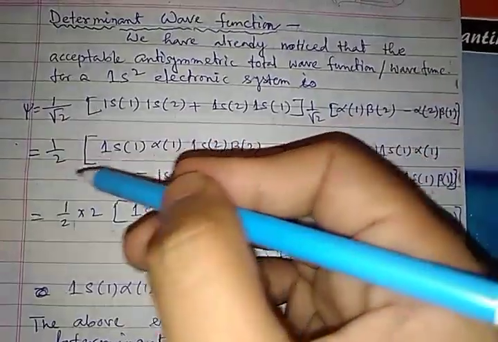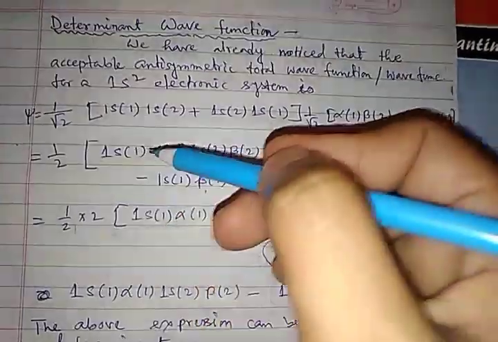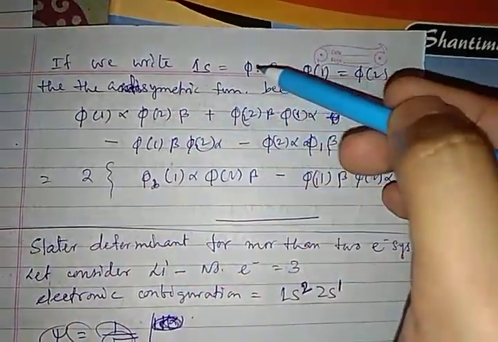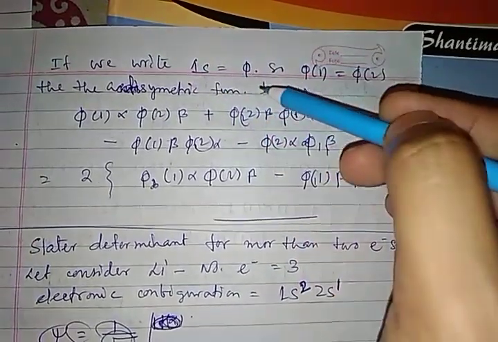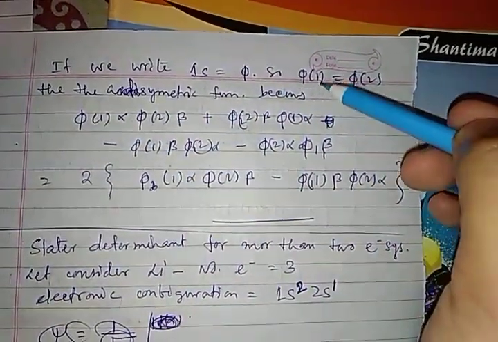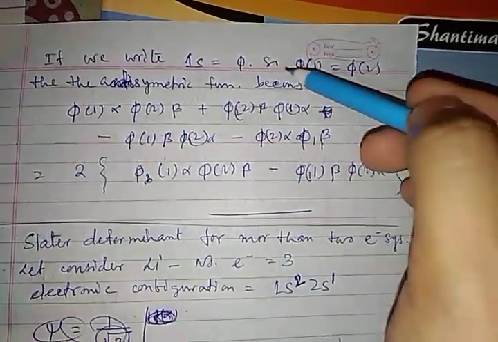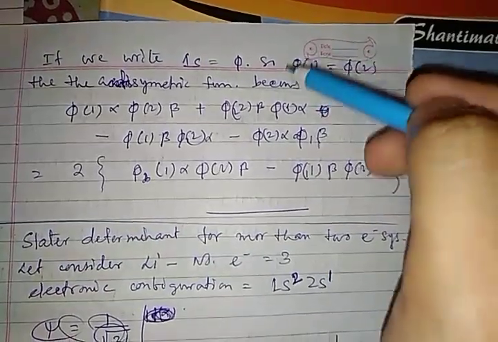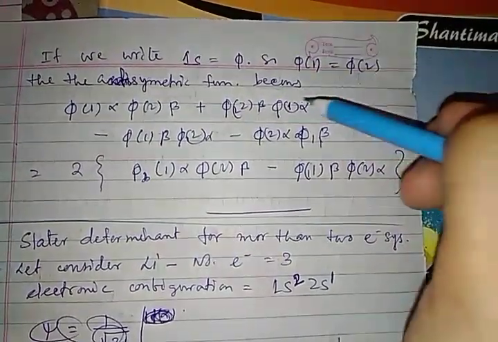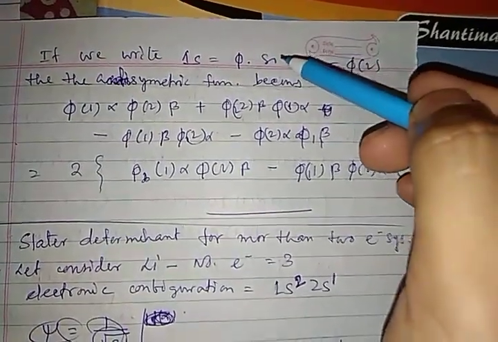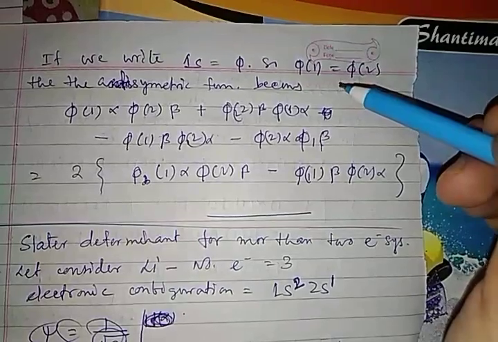If I consider phi 1 and phi 2, electron 1 will have phi 1 and electron 2 will have phi 2, but these two functions must be similar because they go to the same orbital, and the same orbital has the same spatial function.